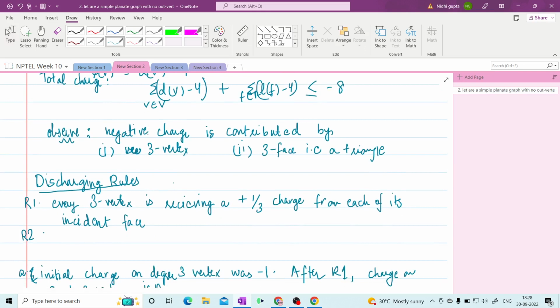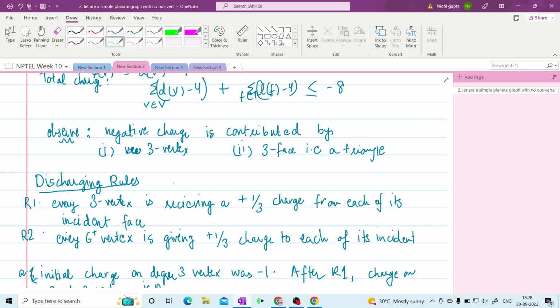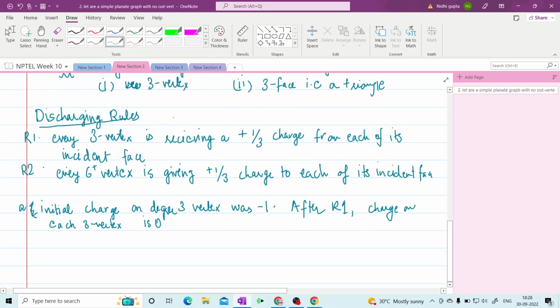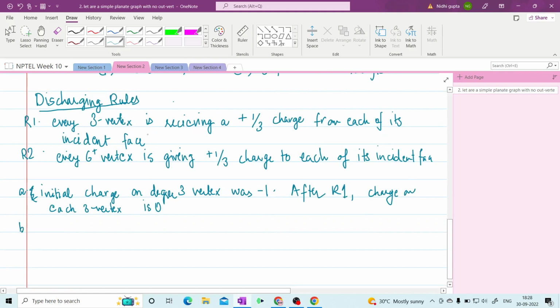So our rule 2 is that every 6 plus vertex is giving +1/3 charge to each of its incident face, then we see that after R2, the negative charge on each triangle is also turning to 0.